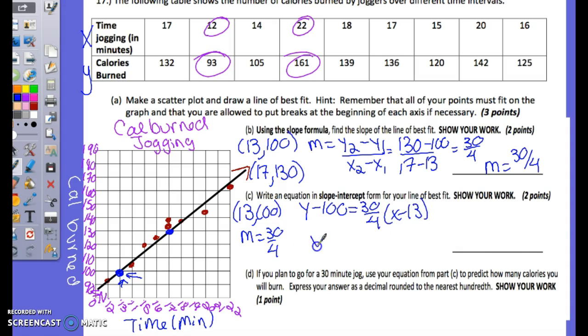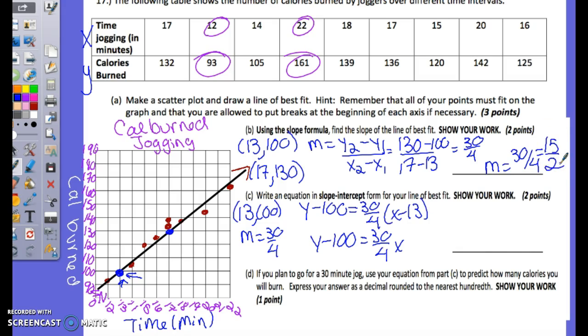So I distribute and I get y minus 100 equals 30 over 4 x. And if I do the multiplication of 30 over 4, so 30 times 13, I'm going to get 390 over 4. And this would actually simplify to 15 halves.